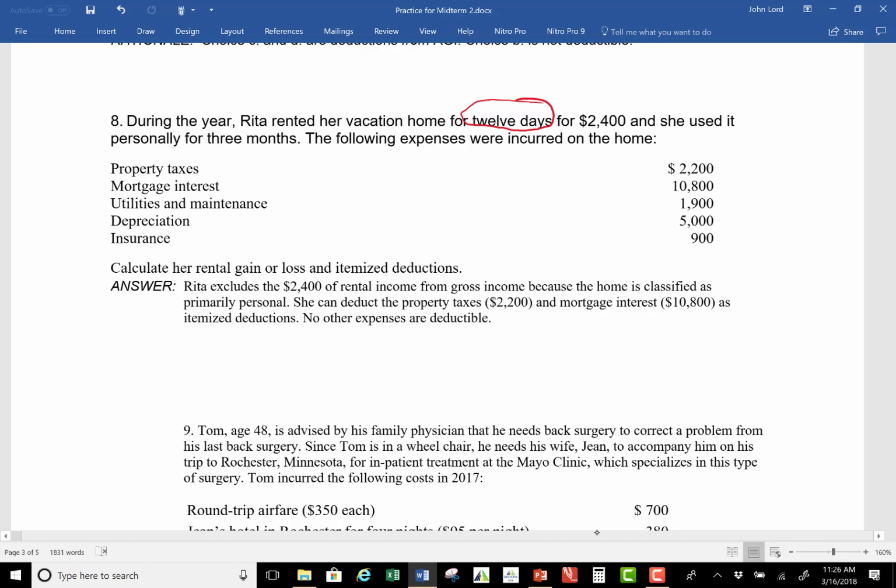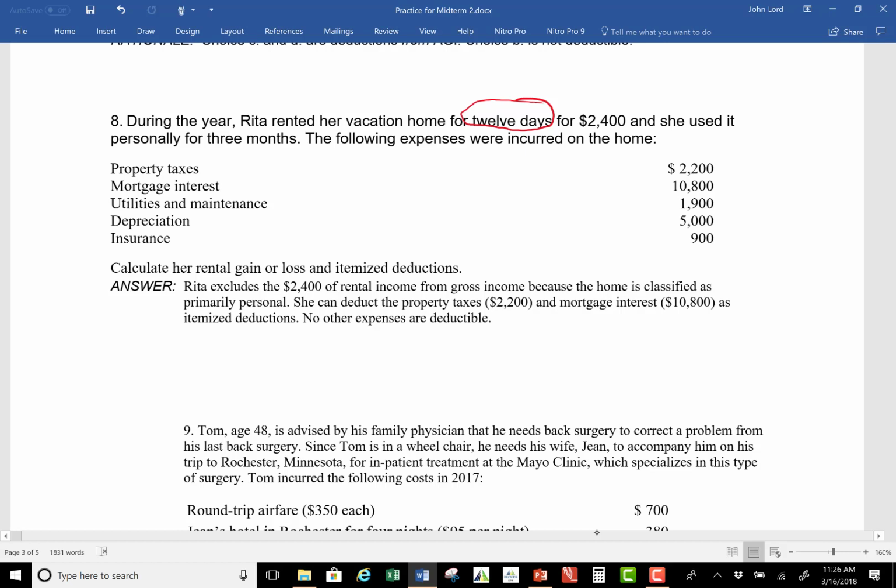But 12 days is less than what? Than the 15 days that would have caused it to. Is it 15 or 14? 15 days. See, I don't even like to remember the days. The 15 days that would have caused it to be what? Would have caused it to be, say, rental or rental/personal use. So it's clearly in the what? Personal use category. And if that's the case, they do what?